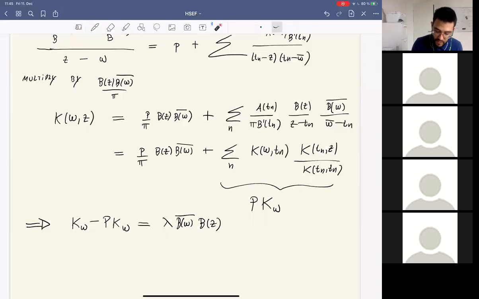Even more, we even computed the shape of the constant, which would depend on W. So the constant that multiplies B is this guy. Okay, so that would finish the result.